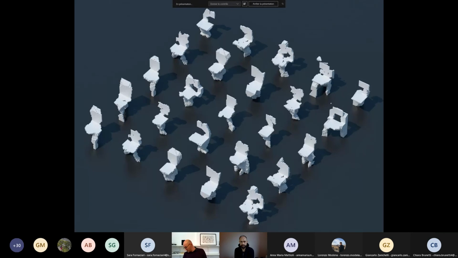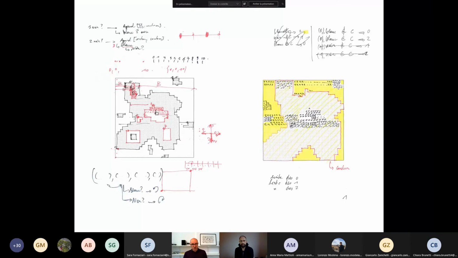So we ended up producing 25 of these chairs. This is a scan of some of the notes I was taking at that time for the writing of a few algorithms. Just writing contouring algorithms in itself is not so complex, but remember that I'm not a former mathematician or computer scientist, so I had to learn and do it by myself.